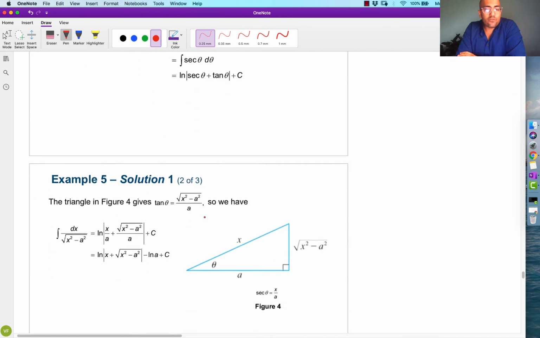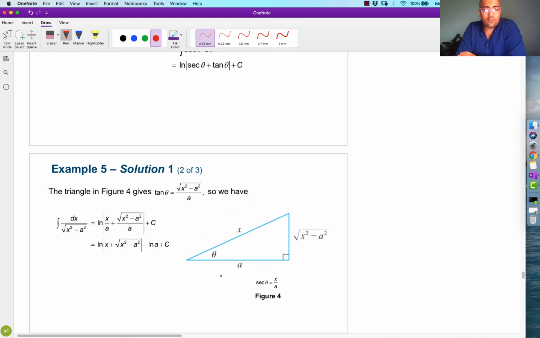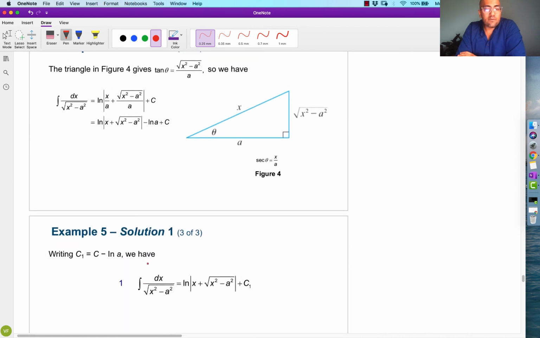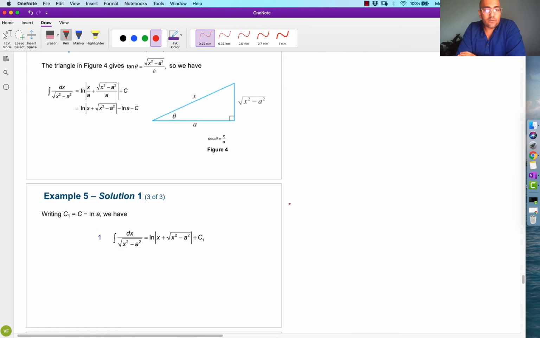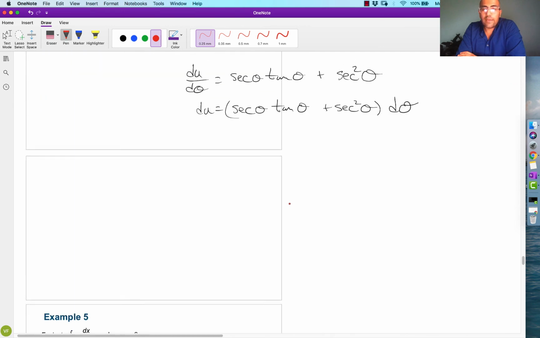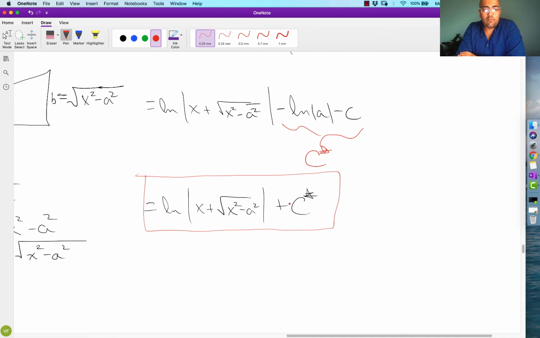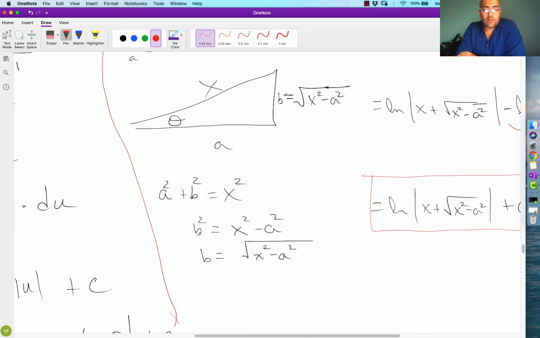And then you use your triangle, same thing, and you end up with this, which simplifies to that, which then, if we let c equal to that, we can just say it's some c sub 1. Instead of c star, you can put c sub 1. And hopefully mine matches with the author's: ln of x, and then x minus a, and then x plus the square root of x squared minus a squared.